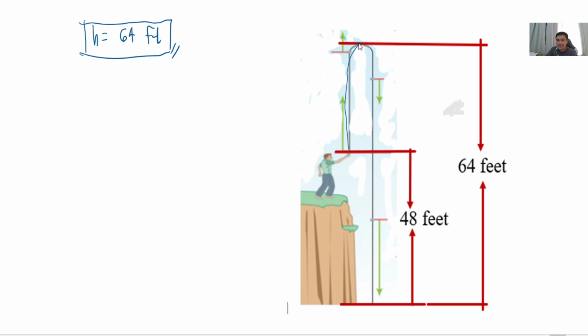Okay, tinapon pataas. This is the maximum height na na-reach niya. Then pagbaba, of course. 64 feet from the ground up to its maximum height na tinapon ng bata 48 feet above the ground. Okay? So, that's it.